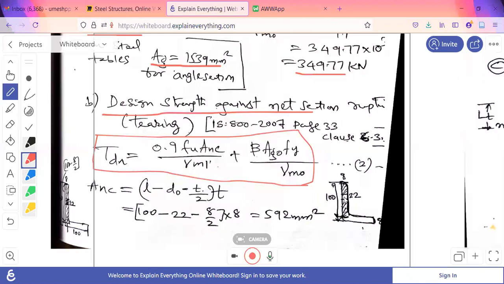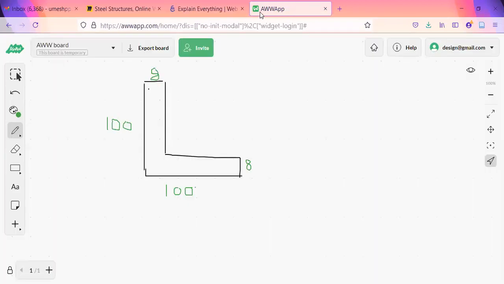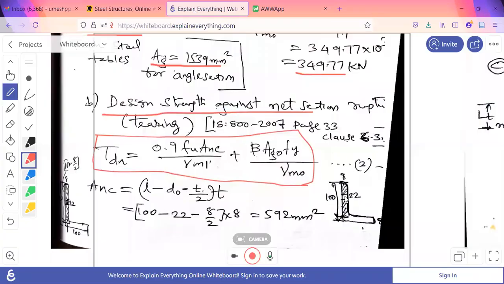Now I'll just observe ANC. Now I'll draw this figure. There is a 22 mm hole because the 20 mm diameter means 20 plus 2. D naught is 22. Now observe this. I'm going to draw this one here. Connected leg is this one. Let us say this is the connected leg.